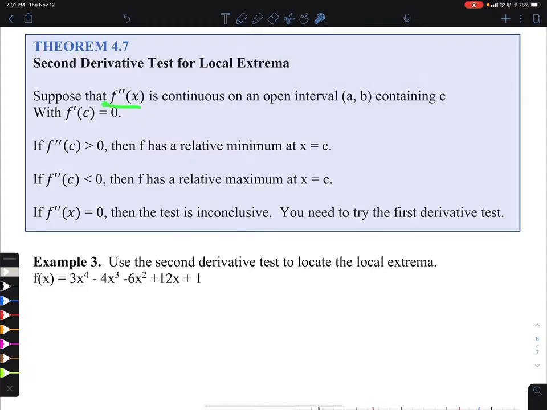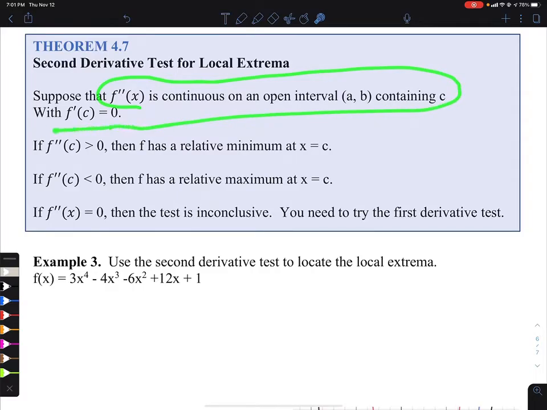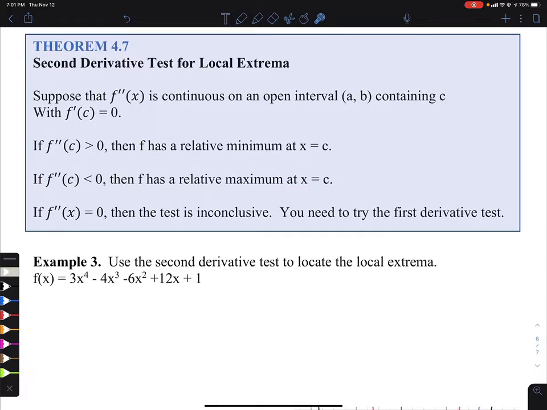So the second derivative must be continuous on an open interval containing c, and the first derivative must be 0. That's important. So you have a continuous function, the first derivative is 0. Then if the second derivative is positive, then there's a relative max at that point. What? Excuse me, relative minimum.